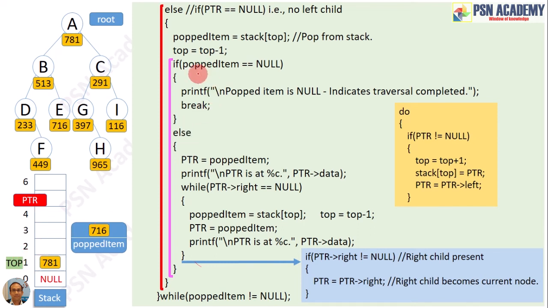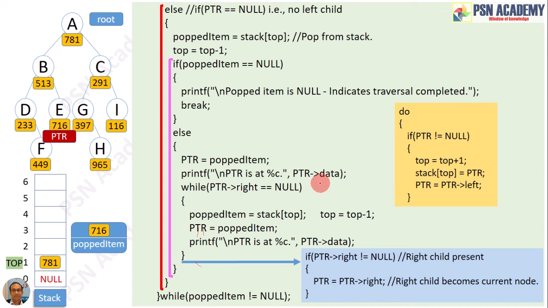And then you check within the inner if else block whether popped item is null or not. It is not null, that is 716. So this else block will be executed. Within the else block, the first statement is set ptr to popped item. So ptr is null now, popped item is 716, so ptr will be set to 716.